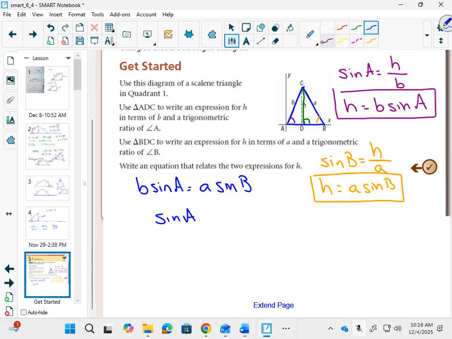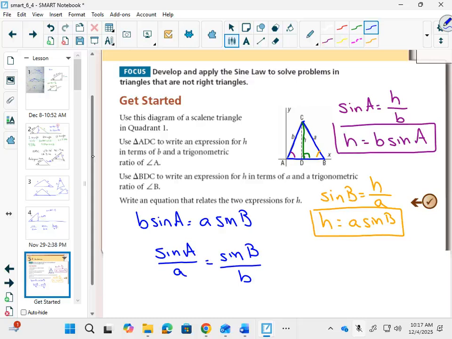People find it really easy to remember when it's written this way, because the A goes with the A and the B goes with the B. So this tells me that if I have this blue triangle, if I take sine of angle A and divide it by side A, it has to equal the same thing of sine of angle B divided by B.